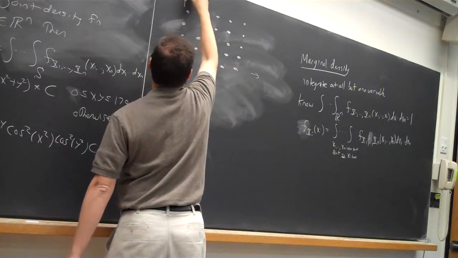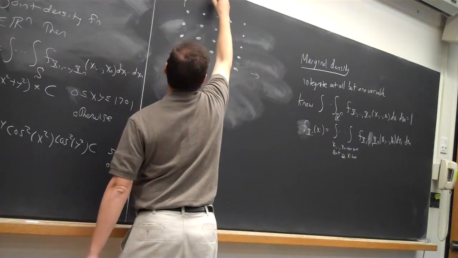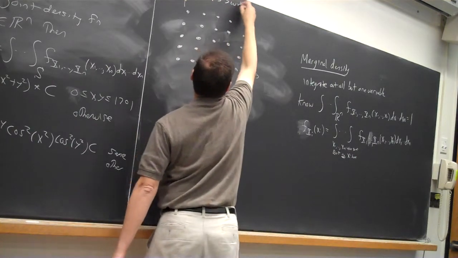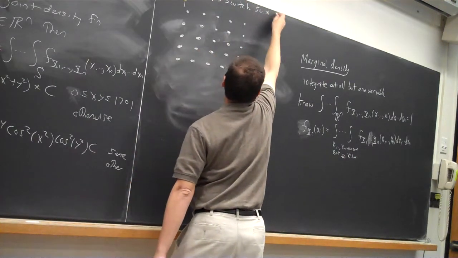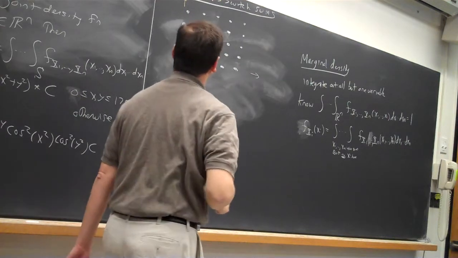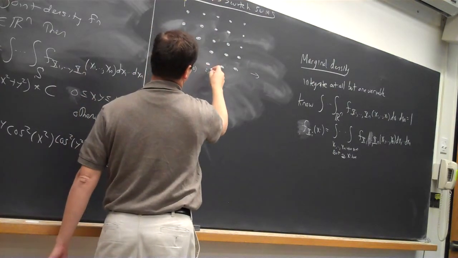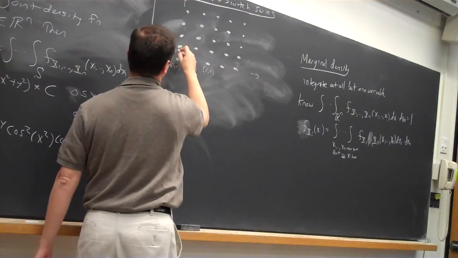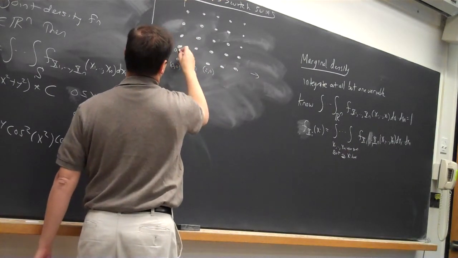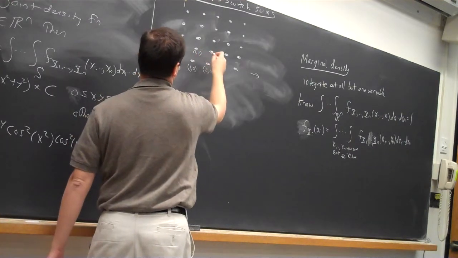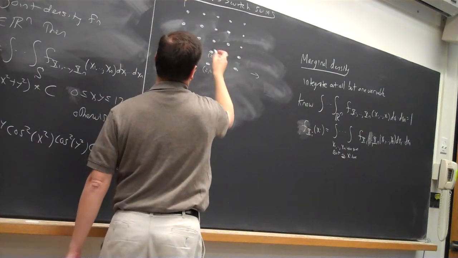So you cannot always switch sums. Okay, so here is (0,0), (1,0), (2,0), and so on. This is the point (0,1), (1,1), (2,1), and so on.